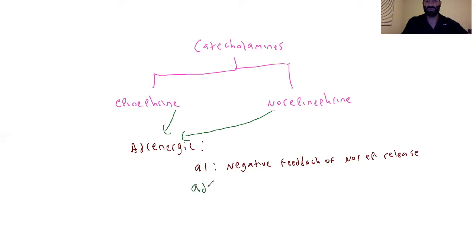We have alpha 2, which is found on smooth muscle and causes contraction. It's found a lot on blood vessels, and when the catecholamines bind with alpha 2 receptors on the blood vessels, it tells them to become more narrow or to constrict, which restricts blood flow in that area.